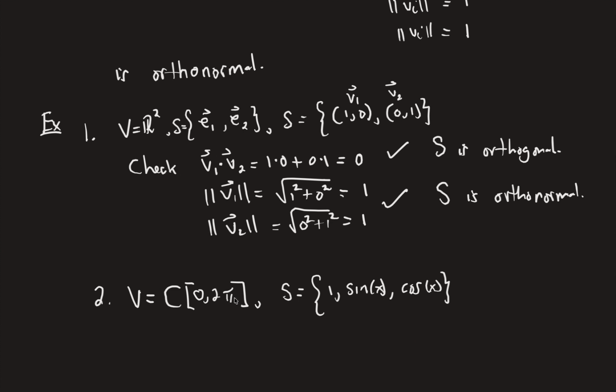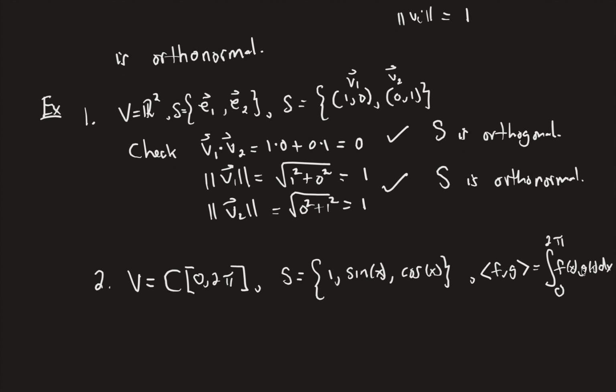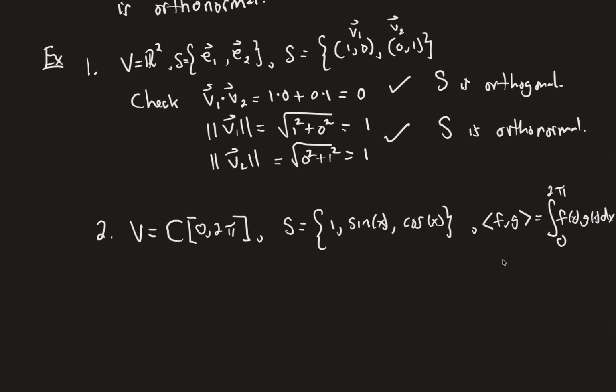Since this is a non-standard thing, I have to tell you what inner product to use, and we're going to use this as our inner product. To find the inner product of any 2 vectors, we take the integral from 0 to 2 pi of the product of these 2, f of x times g of x dx. So let's check for orthogonality.